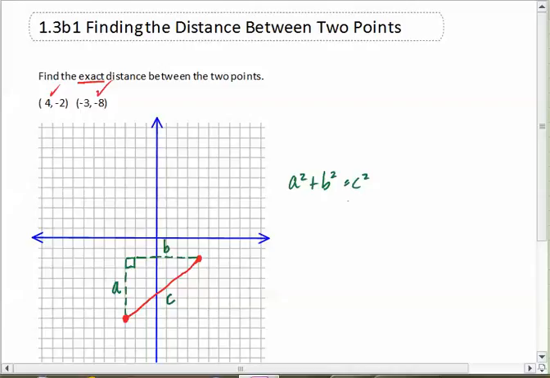So we can pretty easily get the distance then by using this Pythagorean theorem.